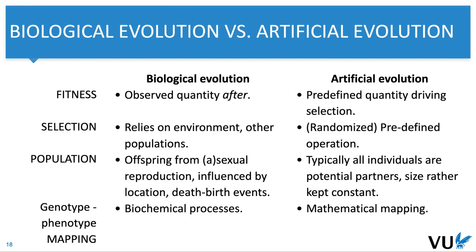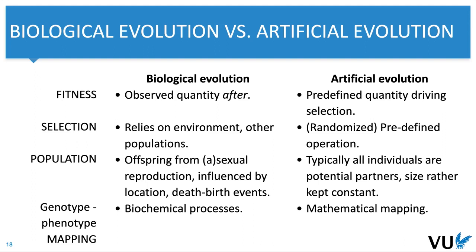Again, selection mechanisms rely on the environment and other populations. So, of course, when we have some migration of people or animals, the selection is different and it changes. But here in artificial evolution, we have predefined operations.